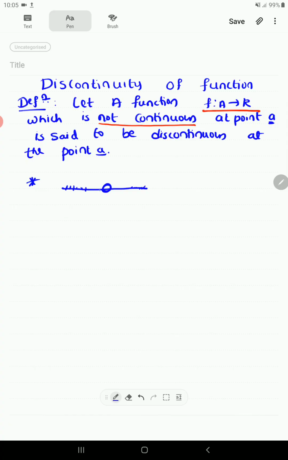Now, what are the reasons it may become discontinuous? The first reason may be that f is not defined at a, because at the point a we want to understand whether the given function is defined or not. Maybe it is not defined at all.